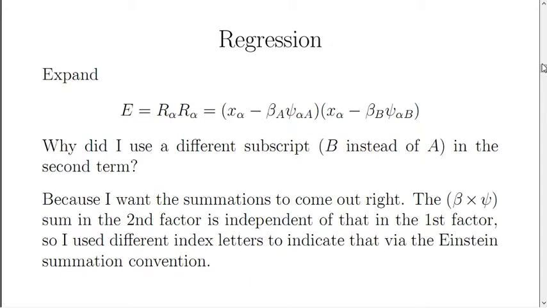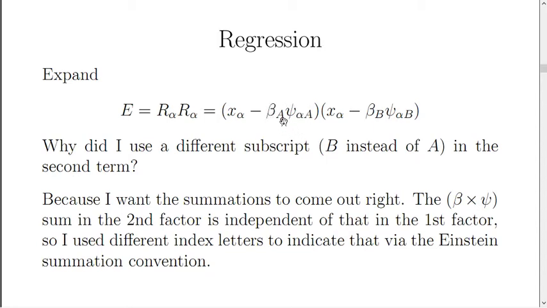Now I'm going to expand that sum of the squares of the residuals. What I'll get is just this times this. Notice that I used a different subscript letter in this term, I used A, than in this term, I used B. Why did I do that? Because I want the summations to come out right. This sum is independent from this sum.